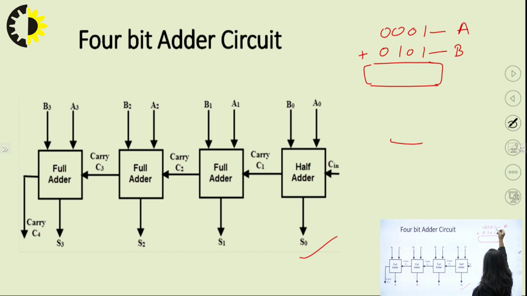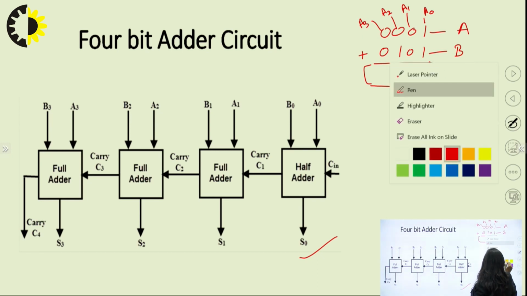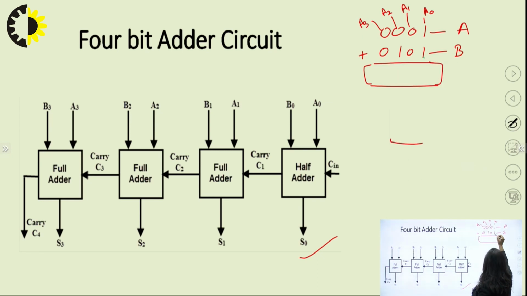Whatever digits we are having, I can call them A0, A1, A2, A3. Again for these I can write B0, B1, B2, B3.